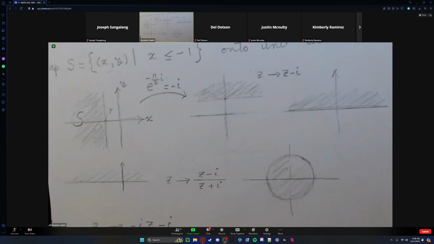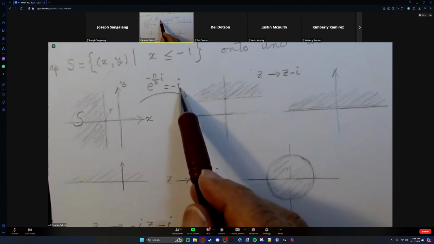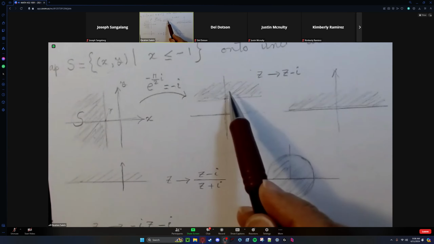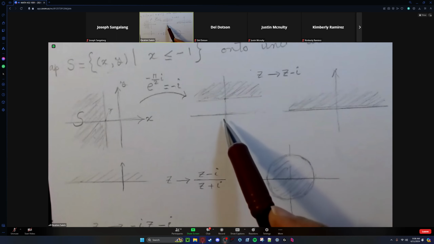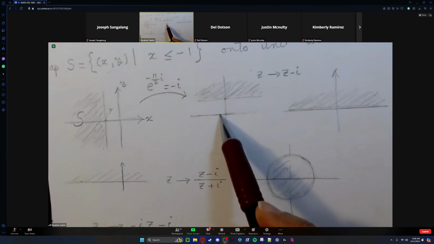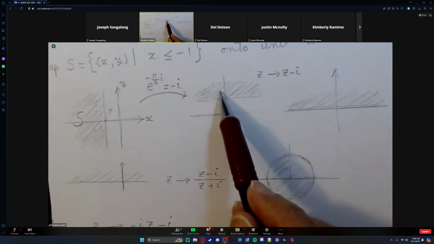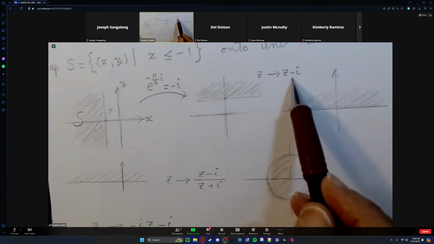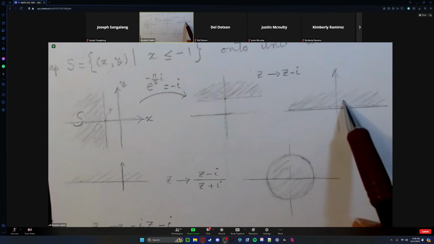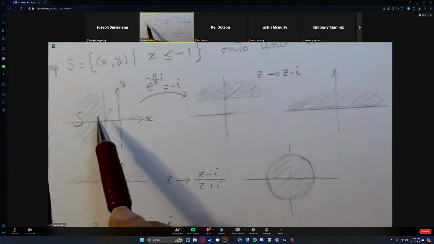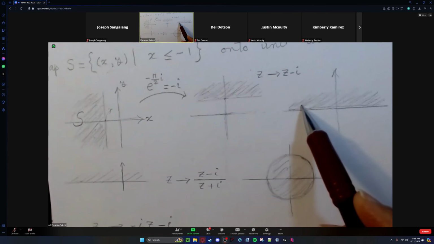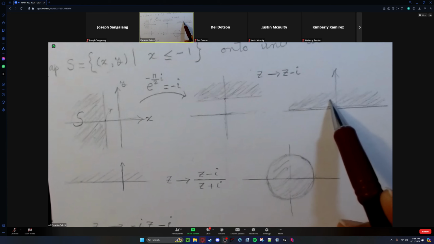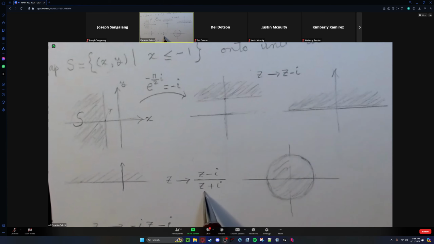So if I multiply z by -i, this S becomes here. Then bring it down one unit, and that is when you say z minus i. So after these two operations, now we have the upper half plane. Now you can apply that function and go to the disk, okay?